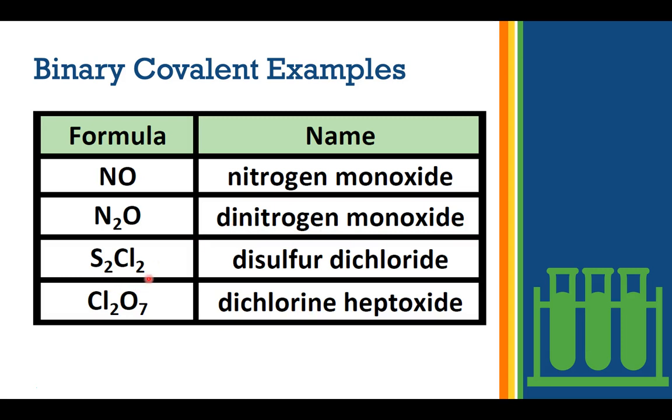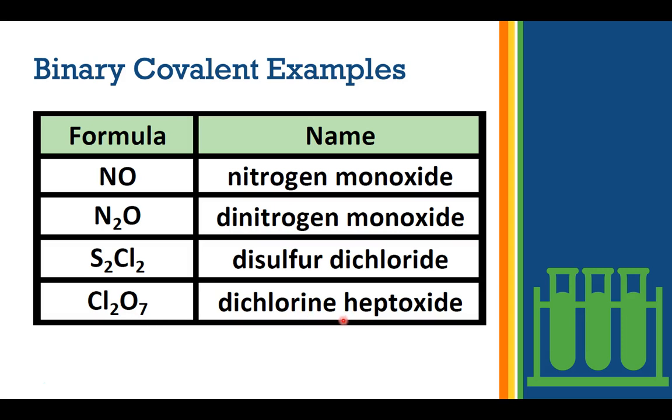All right, we have 2 and 2. So that means disulfur dichloride. We're looking at the number first, and then we're calling the chemical symbol with an IDE suffix. Disulfur dichloride. We're doing the same thing here, okay? Uh-oh, here's a big one. You haven't done this one yet. This is a practice.